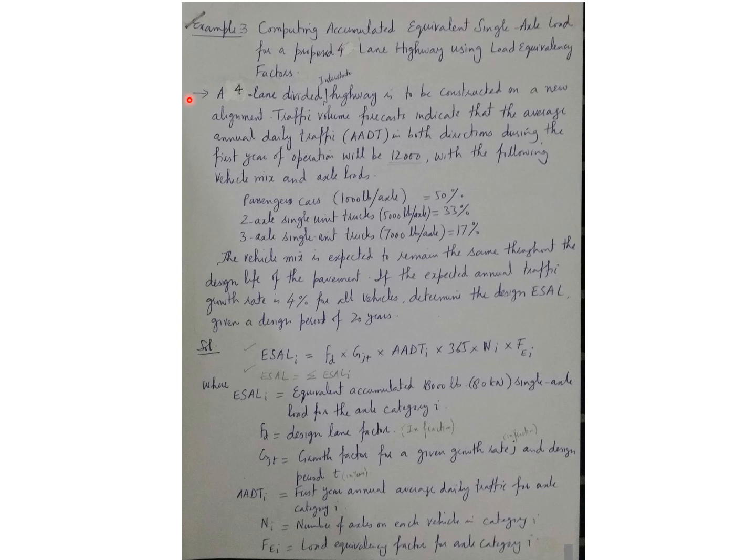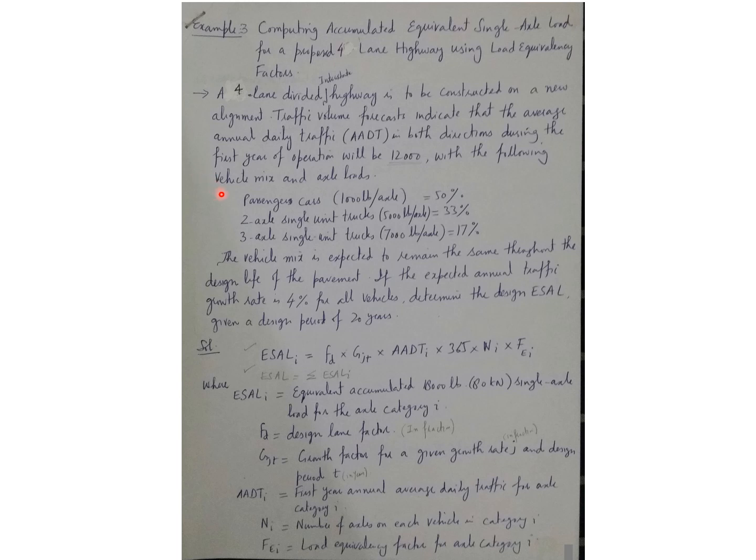Traffic volume forecast indicates that the average annual daily traffic (AADT) in both directions during the first year of operation will be 12,000, with the following vehicle makes and axle loads.